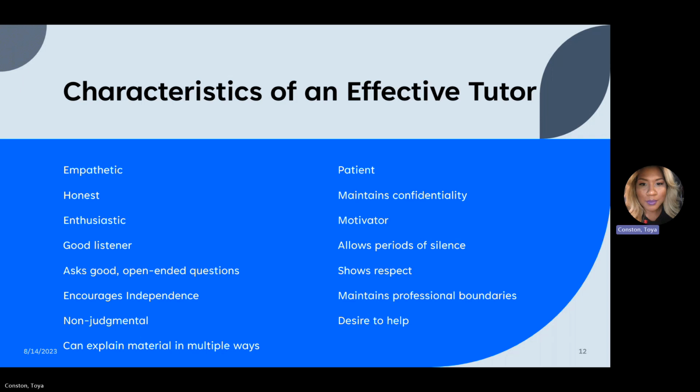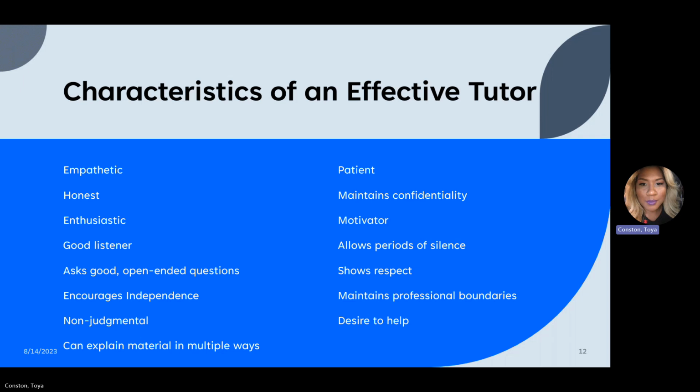Other characteristics include being a good listener, asking open-ended questions, encouraging independence or autonomy. So while you are there as a tutor to help foster learning strategies that encourage students to work on certain problems autonomously or independently, you want to make sure that you are providing all the steps in between to help them reach that independence.